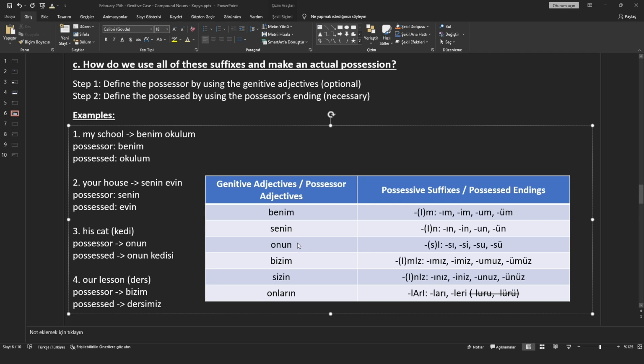So onun, his, and it uses ı, but the last letter is a consonant. With this third singular person, you don't need the buffer. So onun telefonu, you don't need the s. We need the s with kedi because kedi ends with this I, but telefon ends with n. Onun telefonu.